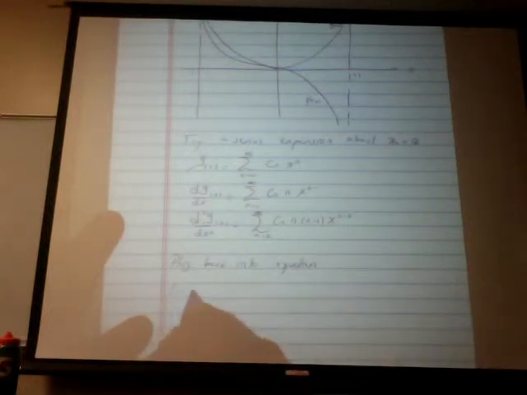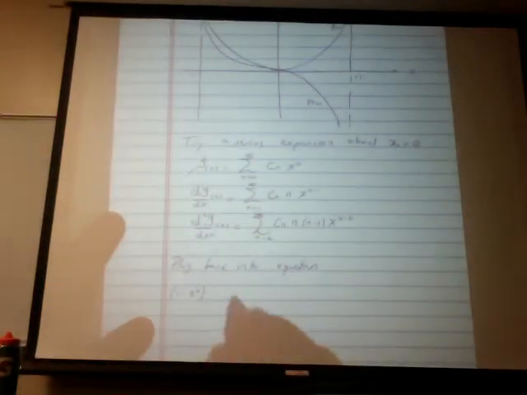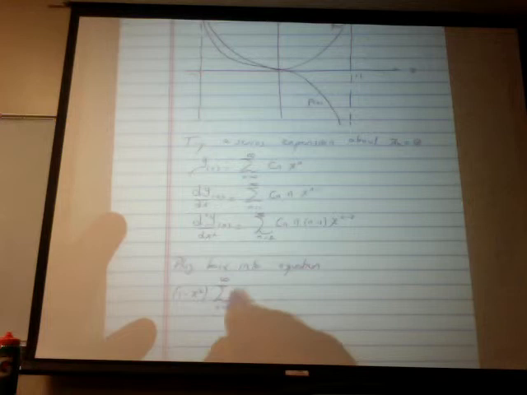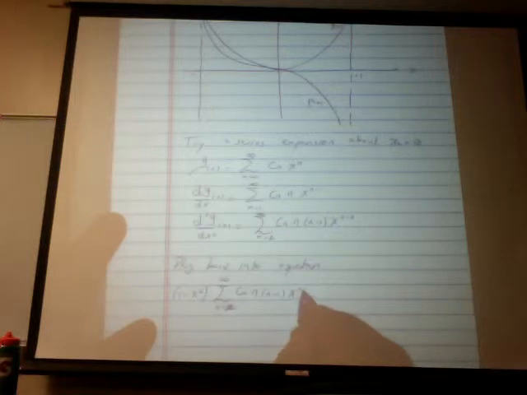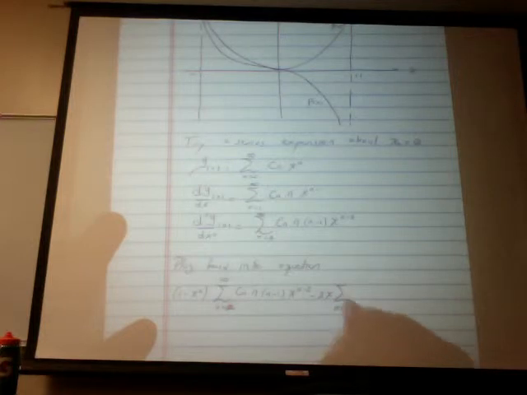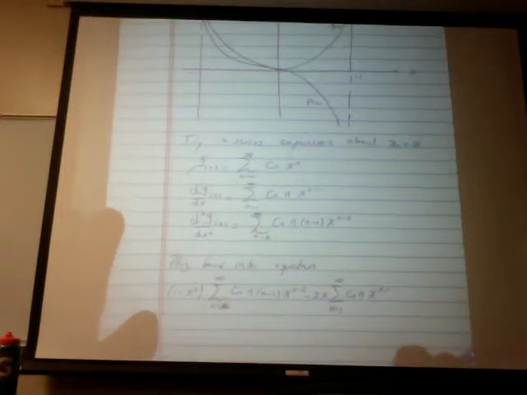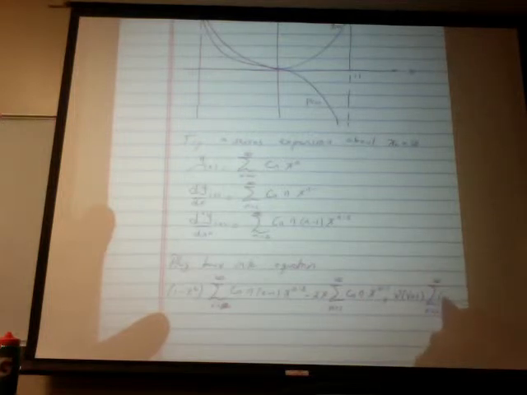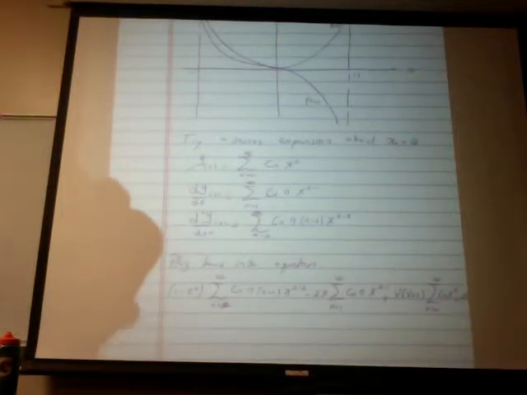So we'll have 1 minus x squared times the second derivative, which is the summation from n equals 2 to infinity of Cn n times n minus 1 x to the n minus 2, minus 2x times the summation of the first derivative, Cn n x to the n minus 1, plus nu times nu plus 1 times the summation from n equals 0 to infinity of Cn x to the n. All of this is equal to 0.